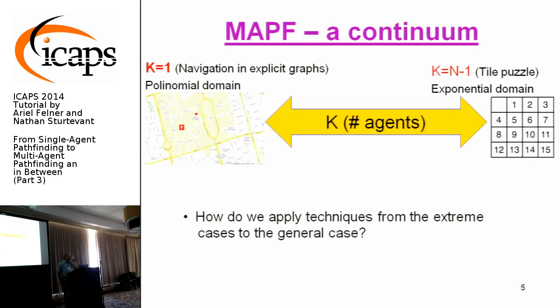Can we point to a place where up to here you're exponential and up to here you're polynomial? Of course we cannot, but how do we take ideas, complexities, and everything we know on both sides and bring them together into the middle? This is a very interesting and open question, and more importantly, can we take all kinds of bounds and theoretical understanding from both sides and bring them together?